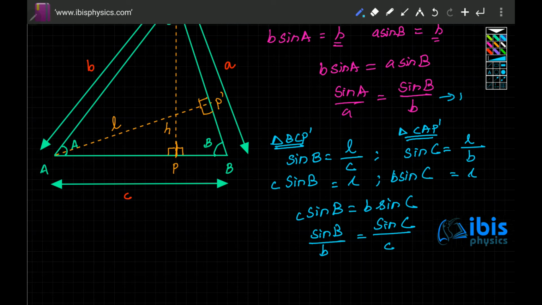Now look at these two equations. These two are equal, right? So sine A by a is equal to sine B by b. Sine B by b is actually equal to sine C by c. So let us write them all together.